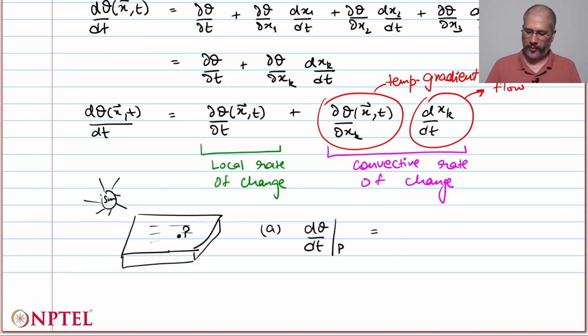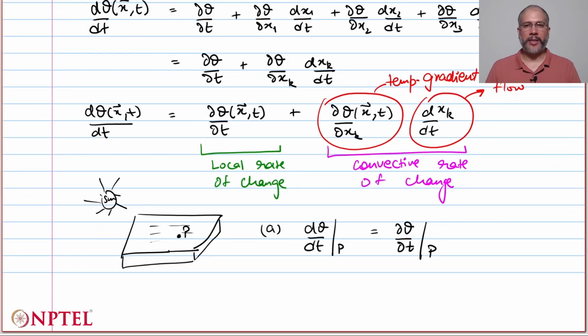So this will be purely equal to partial theta by partial t. This partial theta by partial t means that you keep all other coordinates, that is small x1, small x2 and small x3 constant. So when the spatial coordinates are constant, it's as if you are measuring the quantity by fixing a probe in some spatial location.